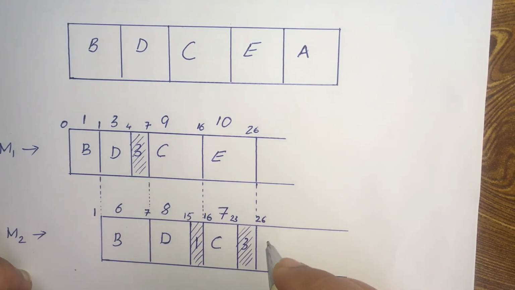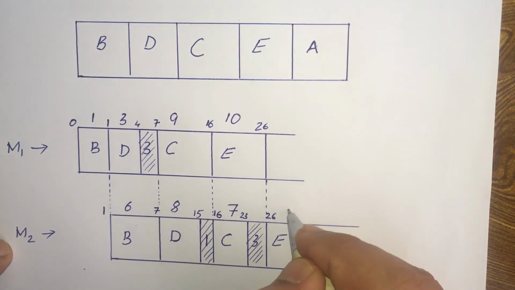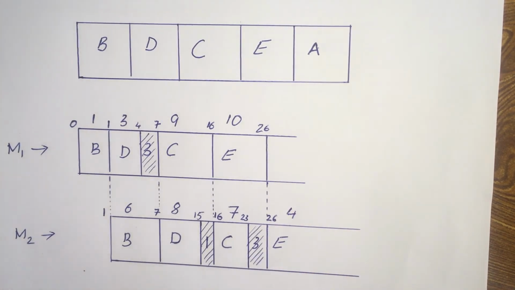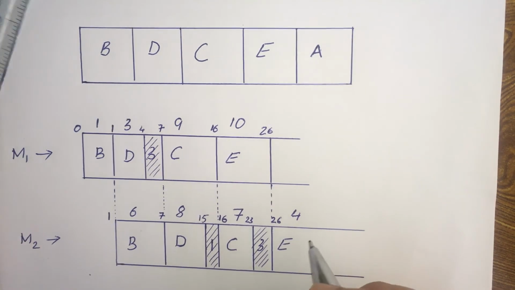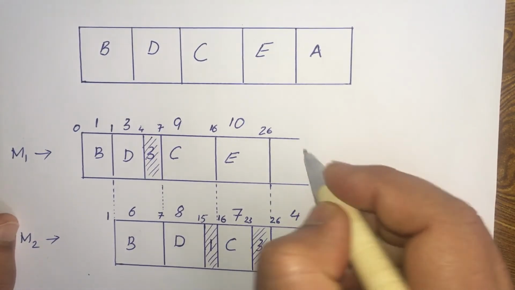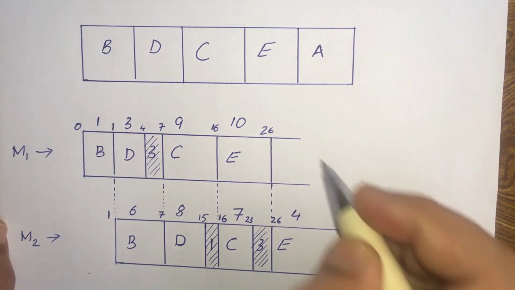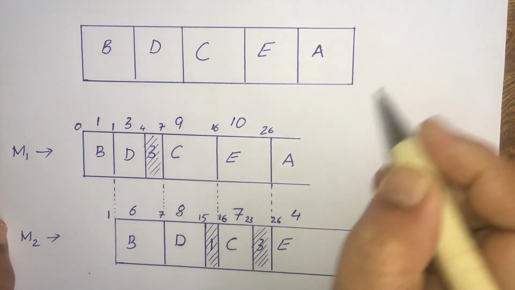So E will come down from M1 to M2 by the 26th hour, and E takes how long? It takes 4 hours in M2. So 26 plus 4 is 30. And as E is being processed in M2, A will be processed in M1.